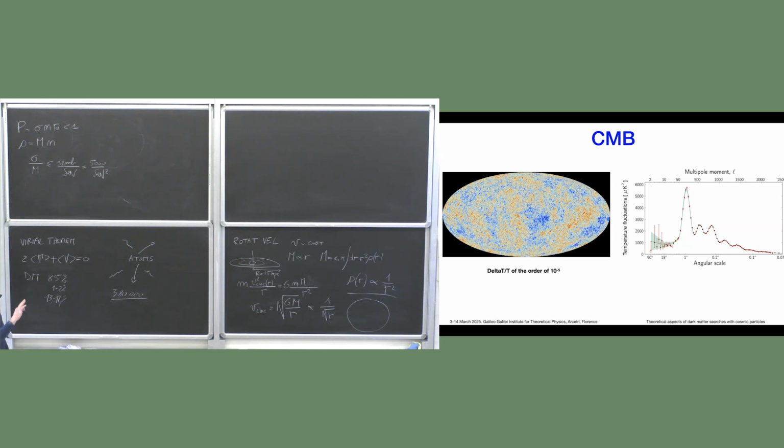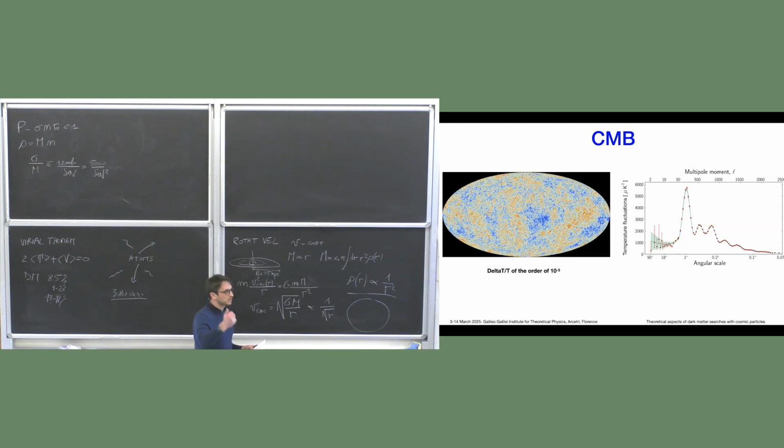The CMB map is basically isotropic, except for small temperature fluctuations of the order of 10 to the minus 5. And if you measure the anisotropy and the power spectrum of the CMB, you have a precise measurement of all the components that at that time were important for the universe evolution.